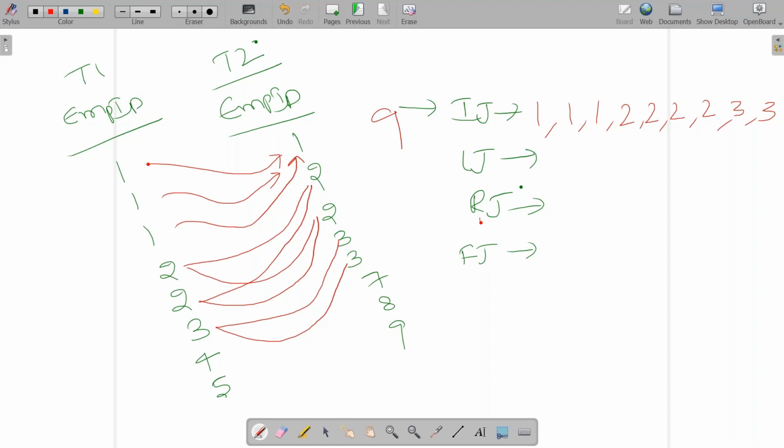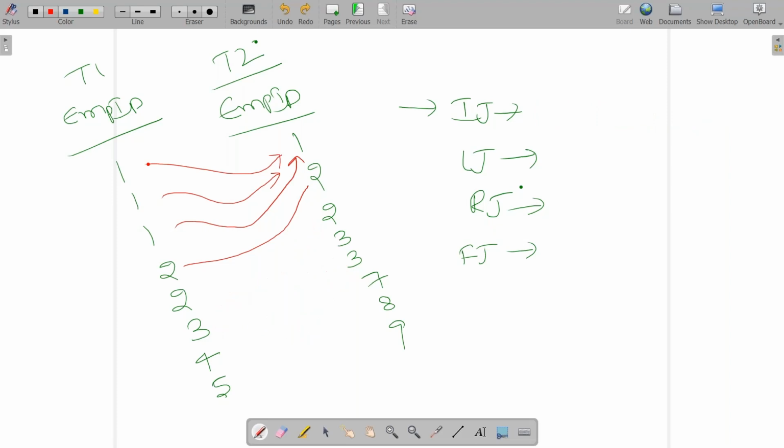So what is the output for left join? What is the definition of left join? All the matching and non-matching from the left table.